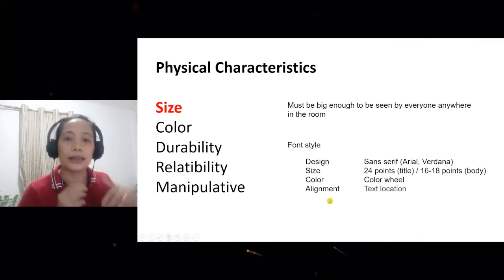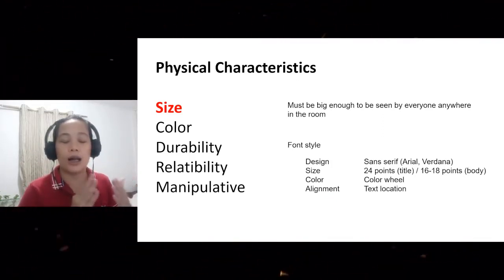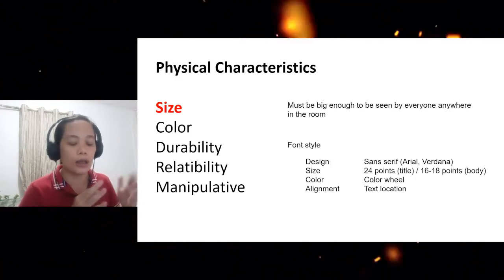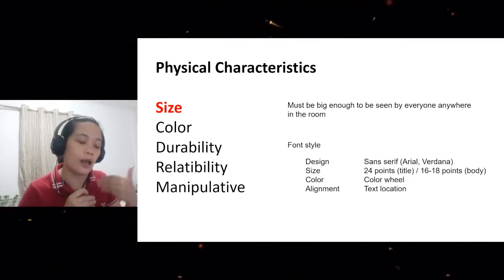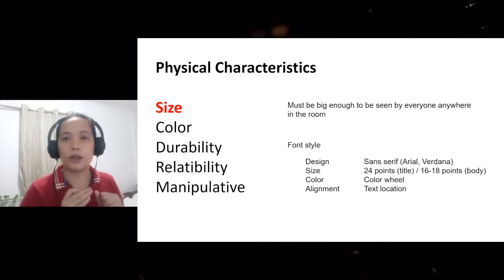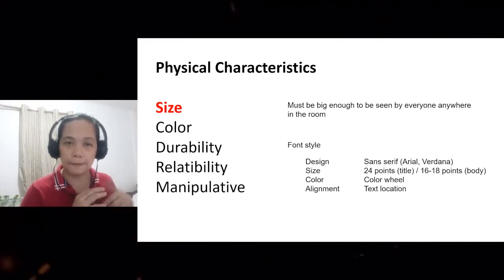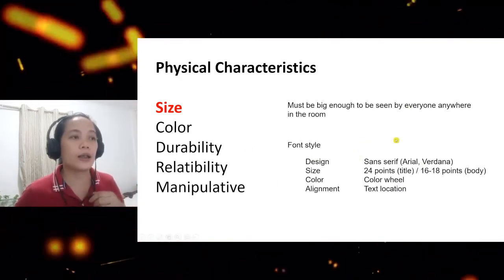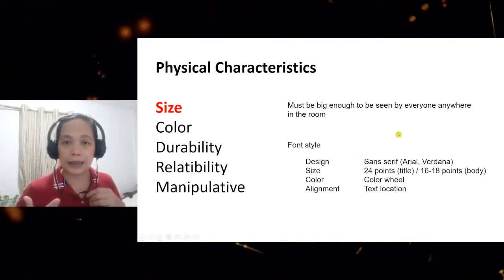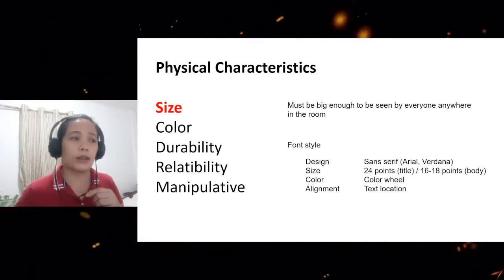Alignment, of course, is the text location. Where should we put the text in our slides, or even in the printouts, in the posters, in the pictures that we are going to use? If there is text, where should it be located? So that is the requirement for the size as a physical characteristic of our instructional material.